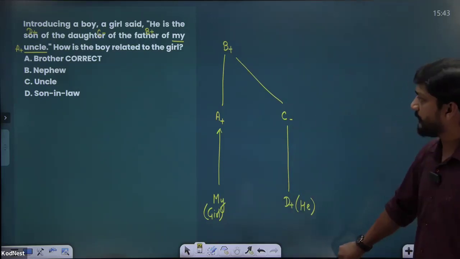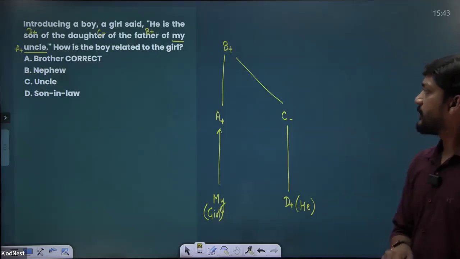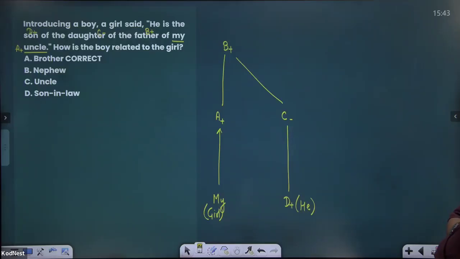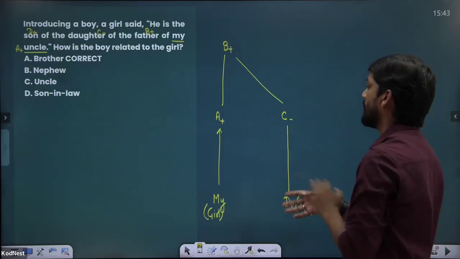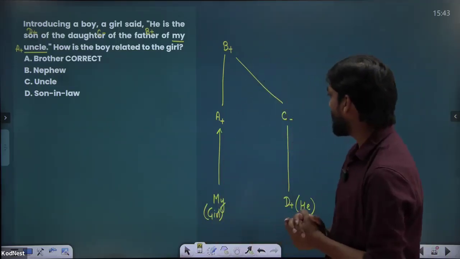Okay, see please. So carefully answer. This is the family relation diagram, I can say. You have to now understand the missing relation.